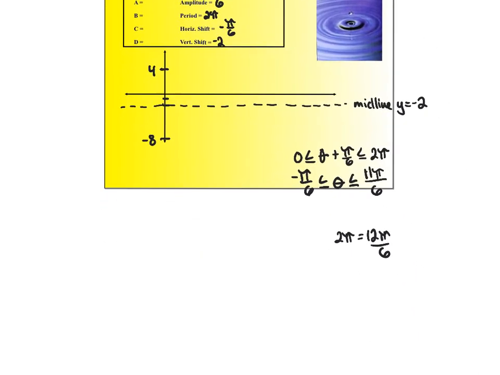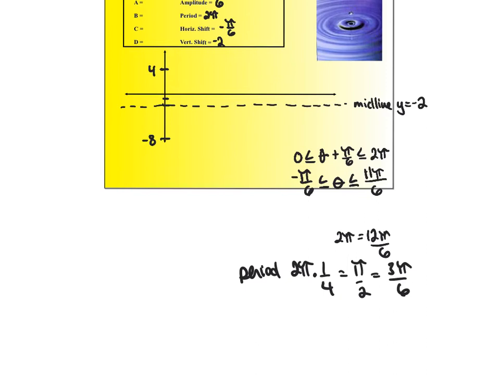Next, I have to figure out my increments. So I'm going to take my period, which is 2 pi, and multiply that by my quarter increments, so that would be 2 pi over 4, pi over 2. Okay, I'm going to change that to 3 pi over 6 since all of my numbers are already in pi over 6.